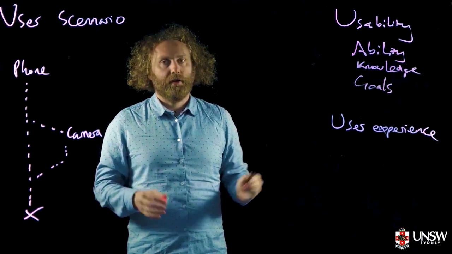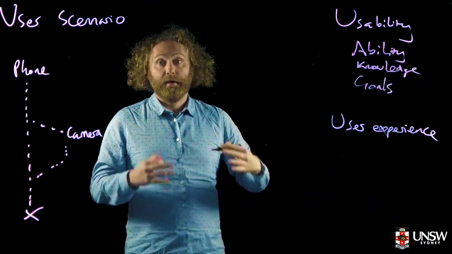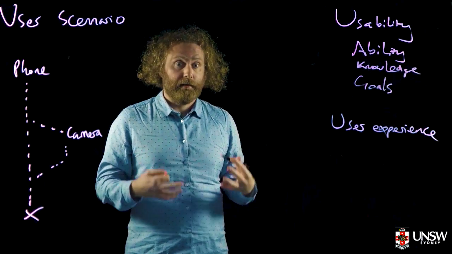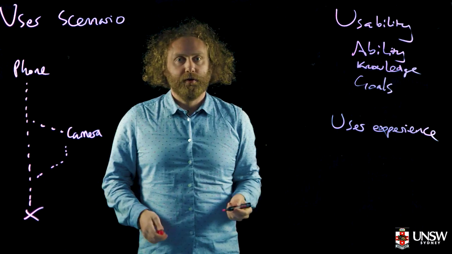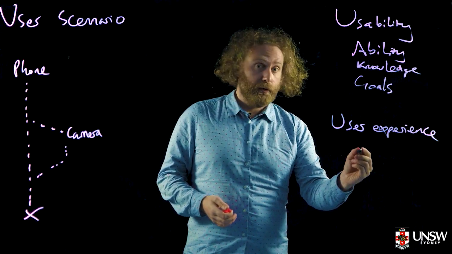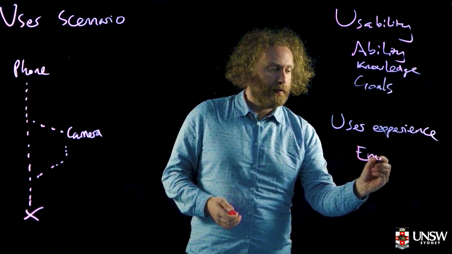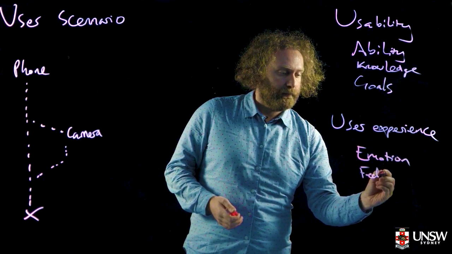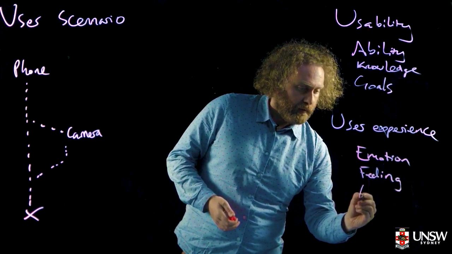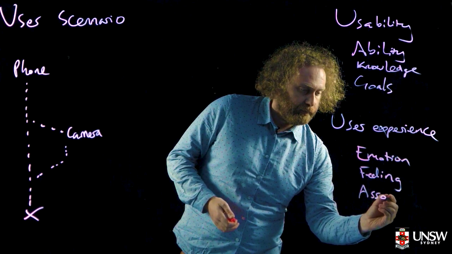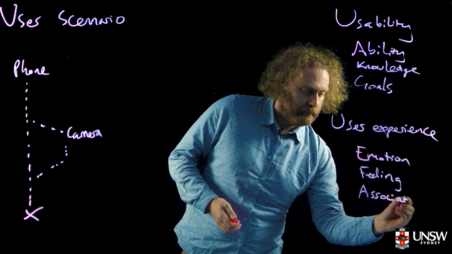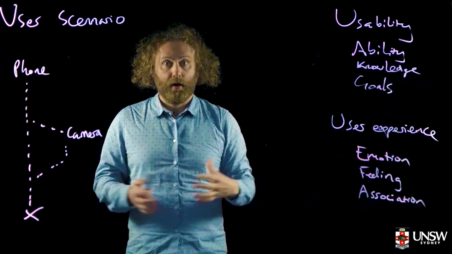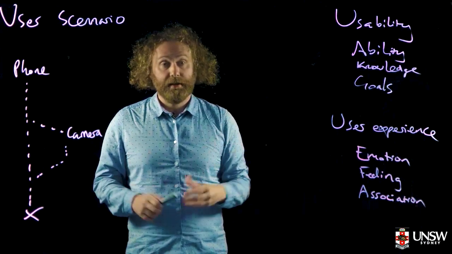So you've got something you're trying to do. We want to understand how easy it is to do that, what knowledge is required to achieve that, and so on, how that technology is going to support you in that task. So user experience is more to do with things like emotion, feeling, and how you associate with a certain experience, a certain product, a certain activity.